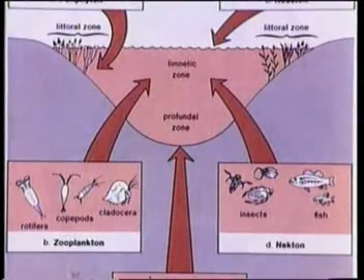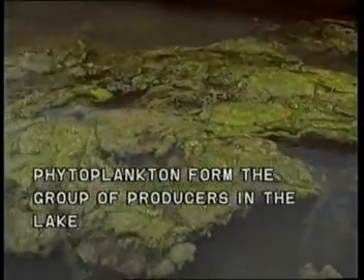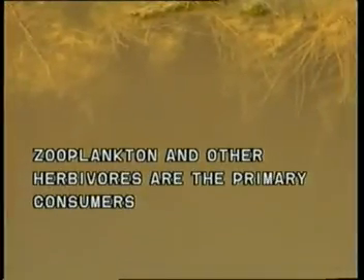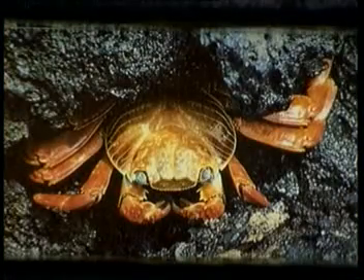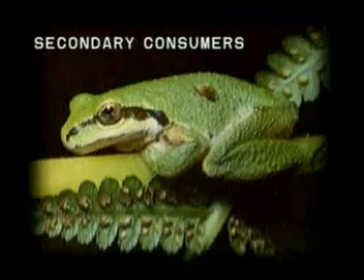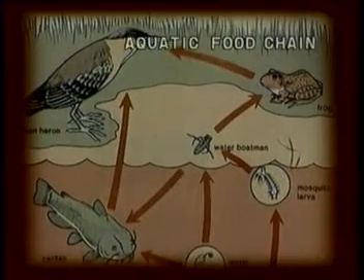The photosynthesizing plants, phytoplankton of the lake, form the group of producers of the food chain. Zooplankton and other herbivorous organisms like insects and fishes are primary consumers. These are consumed by secondary consumers like crustaceans, large fishes, frogs, ducks, and tertiary consumers.